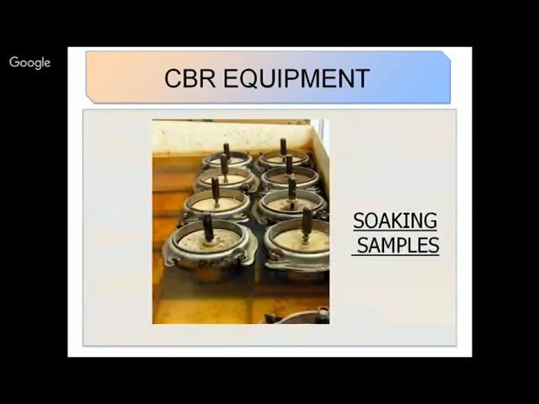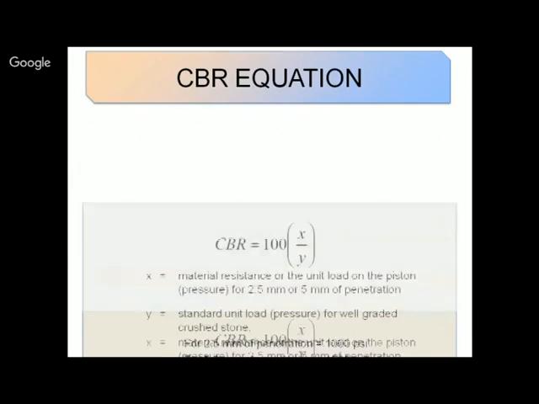As you can see in this figure, these are CBR molds which are soaked in water. The reason for soaking is to provide adverse moisture conditions to the road. Due to heavy rainfall, the subgrade soil would get submerged and this would lead to low CBR values. Hence, to counter this effect, we soak our samples for 4 days in water and then we take the readings, called soaked CBR readings.